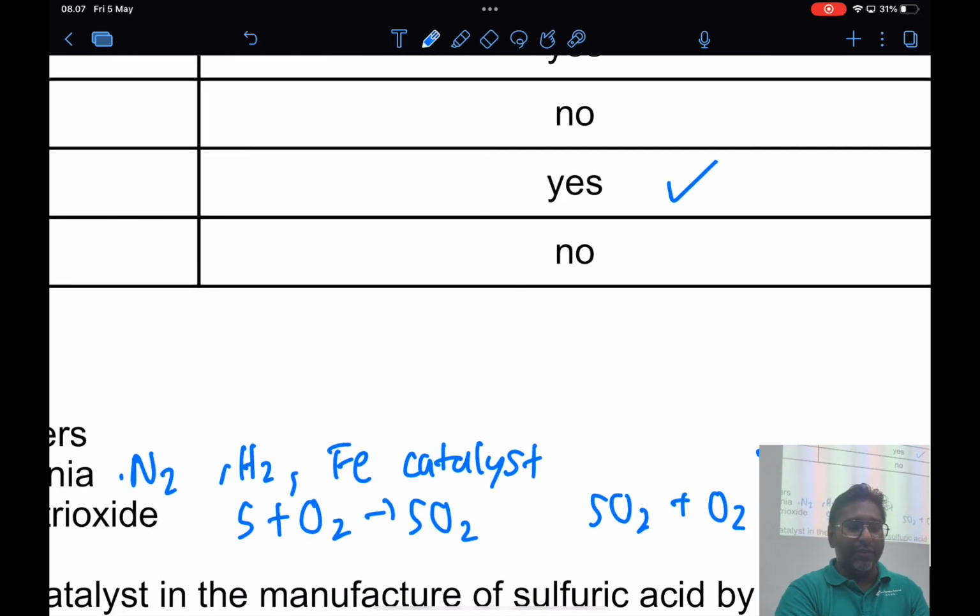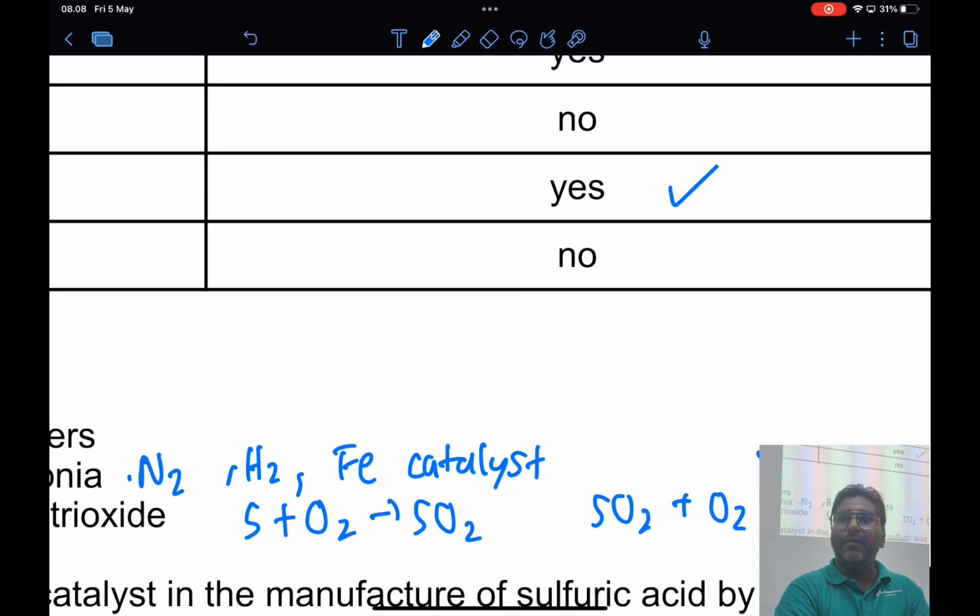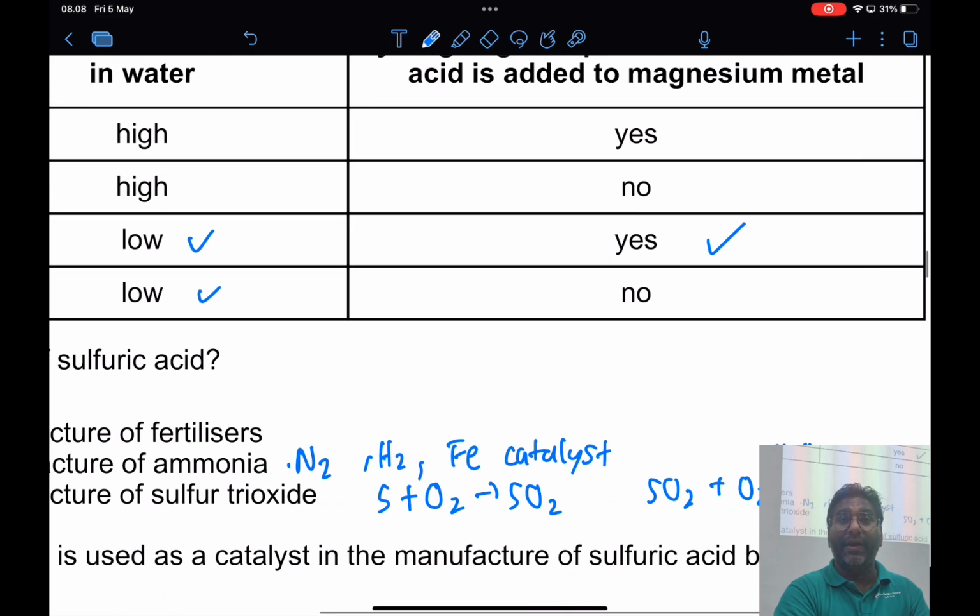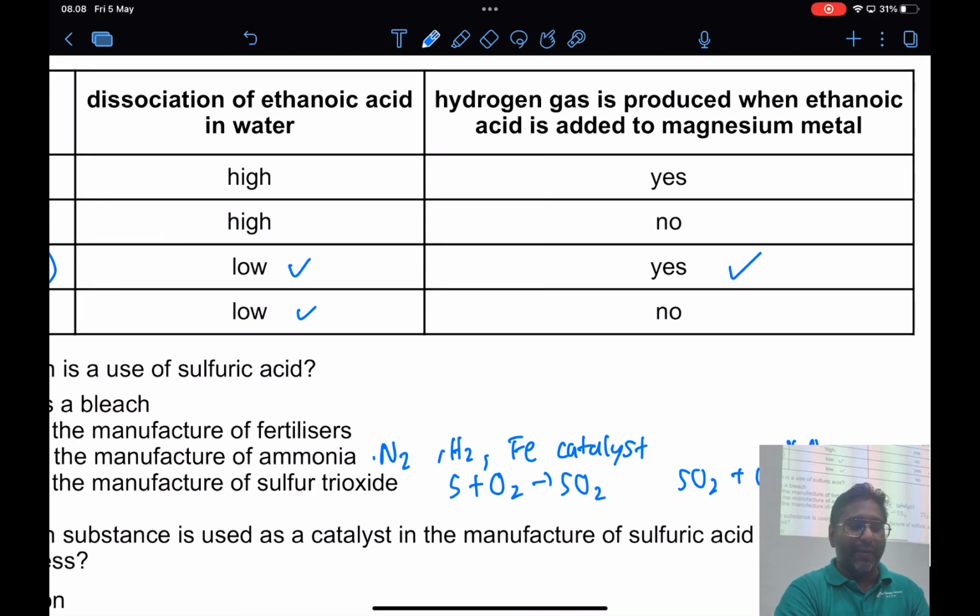The catalyst used for this is V2O5, called vanadium 5 oxide. This is the one that I told you to go and find out. Contact process is a process to produce sulfuric acid.